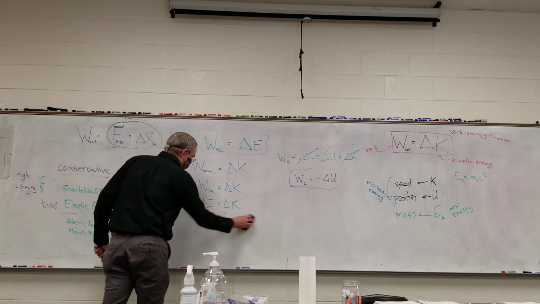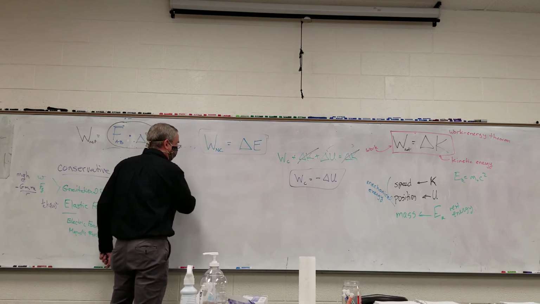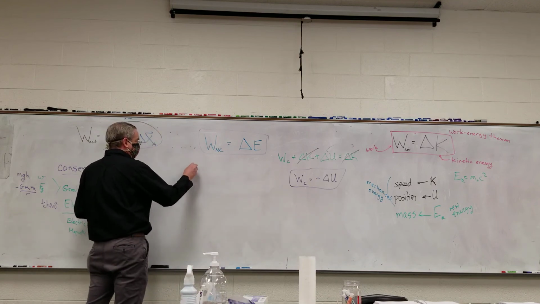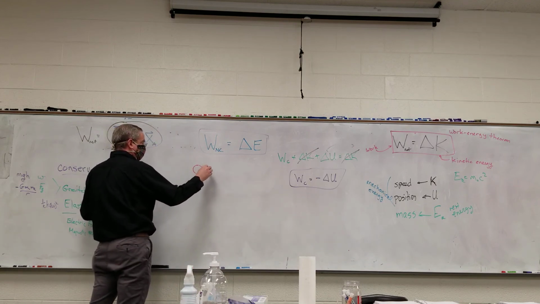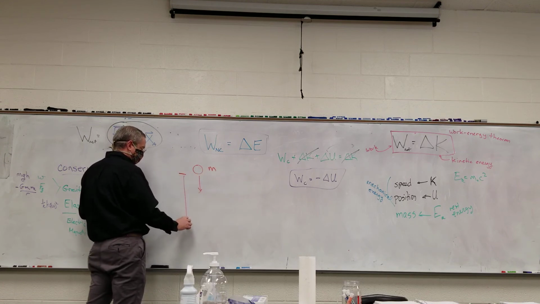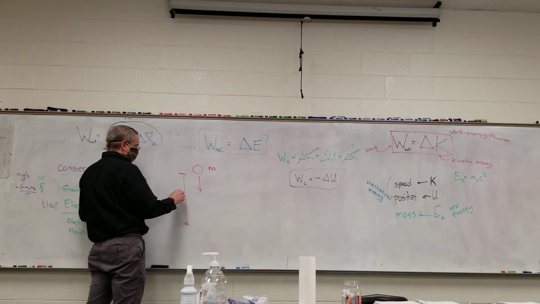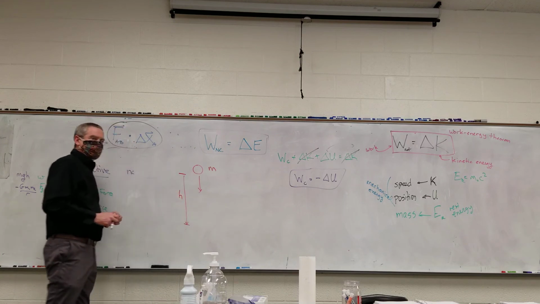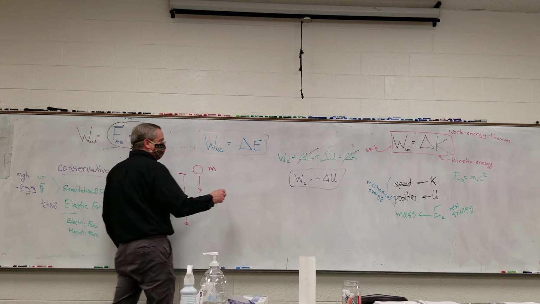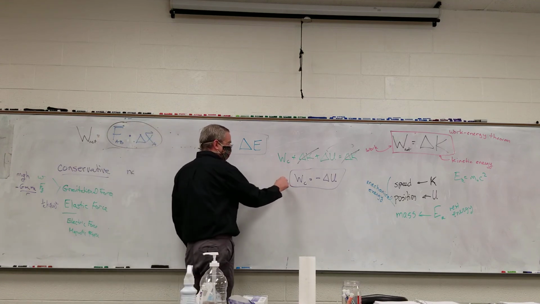Let's work through an example and actually derive a formula, and then we can start doing numbers. I take a ball and I drop it. Some mass, it falls. It's going to fall some distance. I'm using this relationship right here.